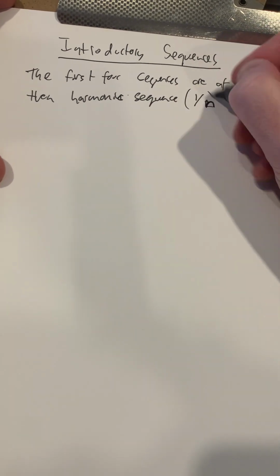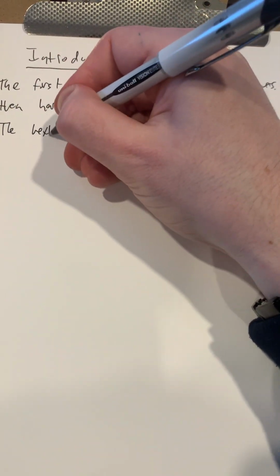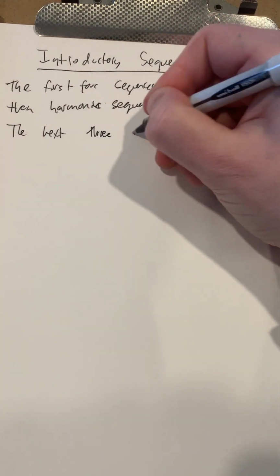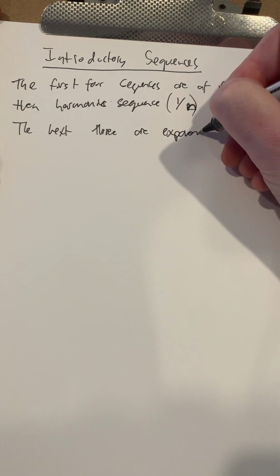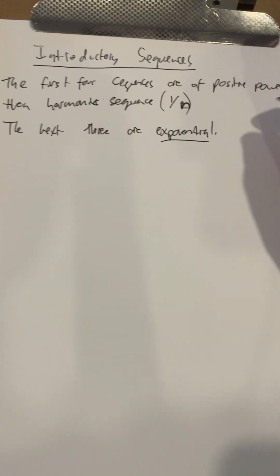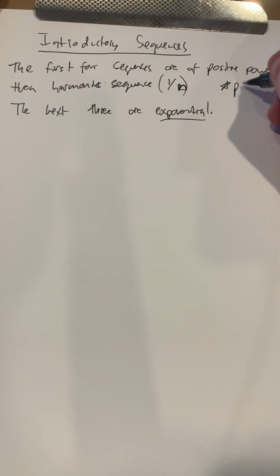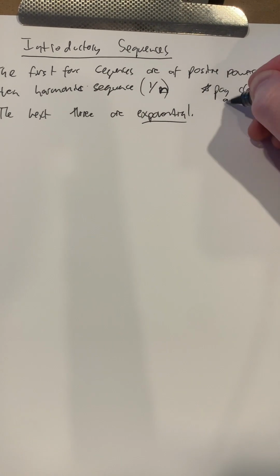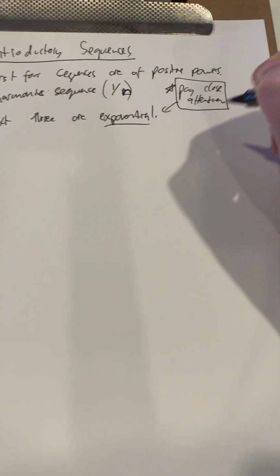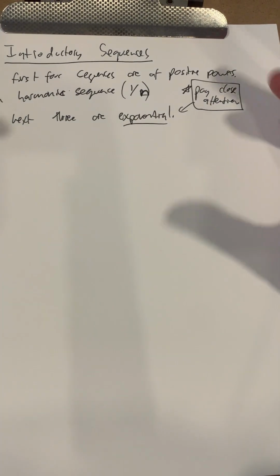And then the next three are exponential. And for my students at home, yes, I would pay quite close attention to these particular sequences. They might be very helpful to you.